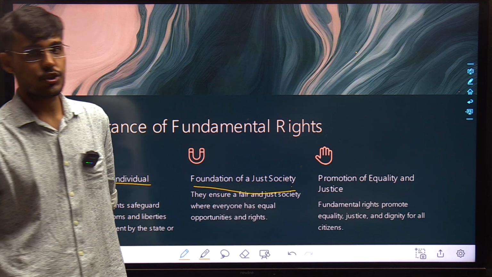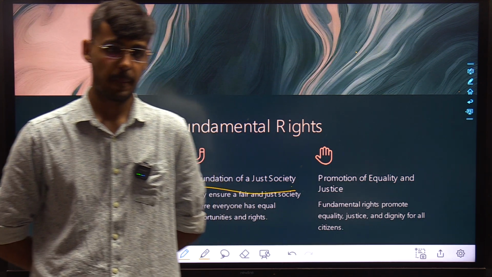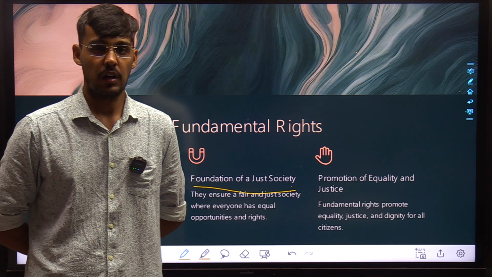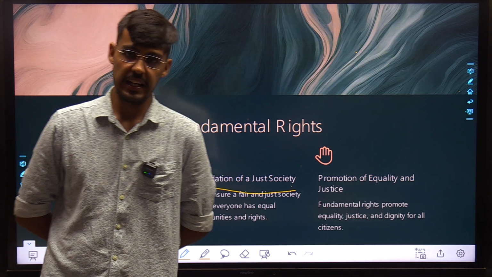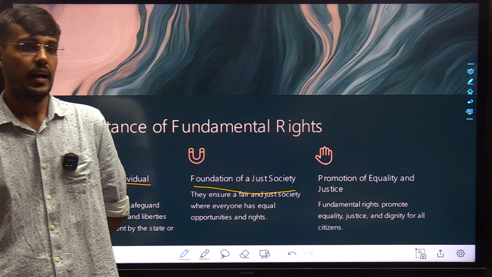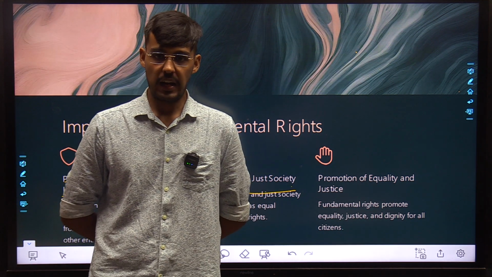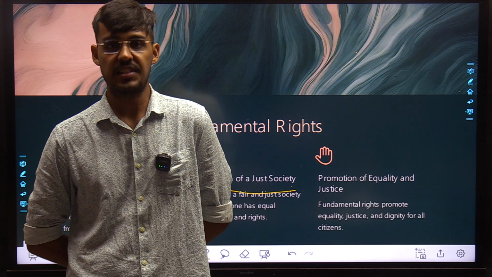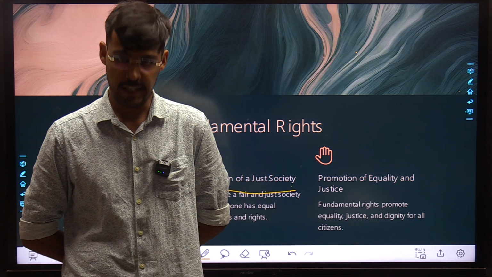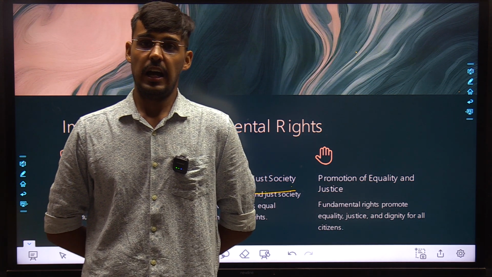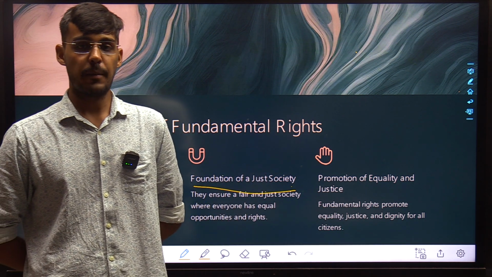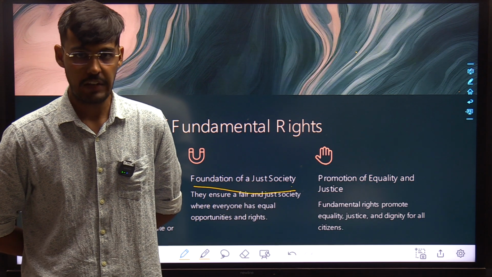The next is promotion of equality and justice. The fundamental rights also talk about the right to equality and justice. What is the meaning of the term equality? It basically implies that there is no discrimination by the state or by the government among individuals, or there is no special privilege given to a certain section of individuals.